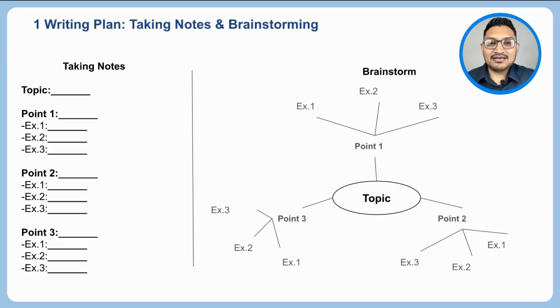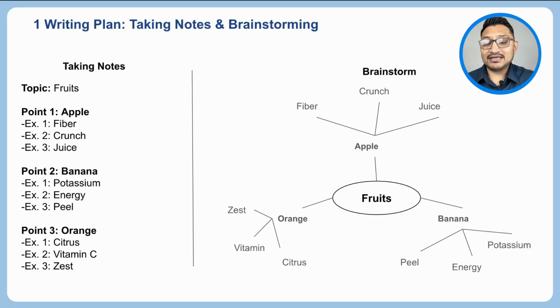Now let's have a look at these layouts with real text. We're going to start writing a composition, and the plan is going to be like this. In this case, the topic is going to be fruits. So I have chosen 3 points as example. Point number 1 is the apple, number 2 is the banana, and number 3 is the orange. Now in each point we have 3 supporting ideas or examples.